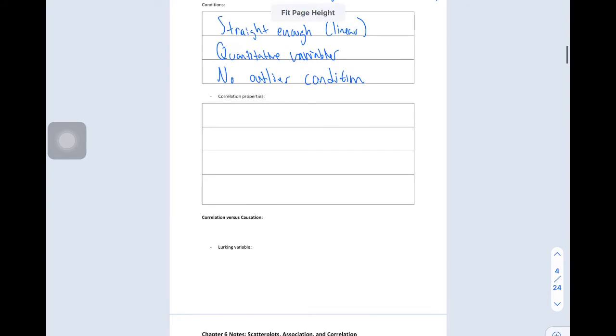All right. This last piece right here, correlation properties, this is still dealing with this correlation coefficient, this R value. And a lot of this will just be repeat, but it's good for you to see it again. So if it's positive, we know that the association is positive. If your R value is negative, we know that the association is negative.